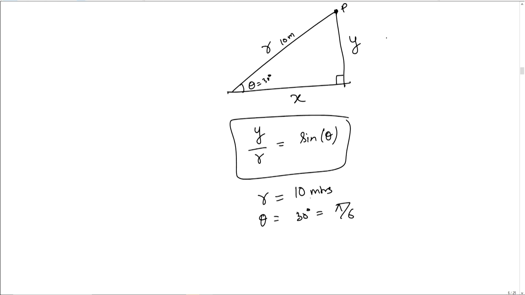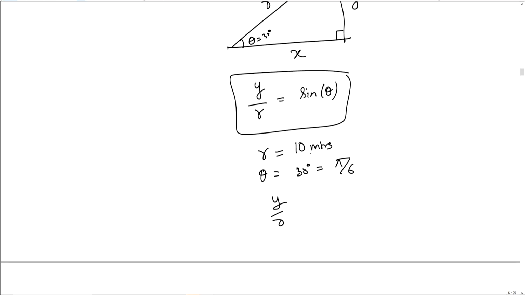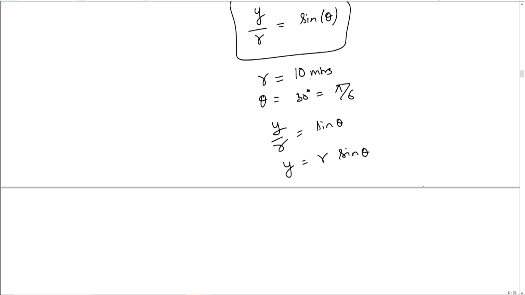Basically, what is y? You know y by r equals sine theta, so y would be equal to r sine theta. That means y would be 10 sine pi by 6, and if you calculate this in a calculator, sine pi by 6 is 1 by 2, so y is 10 times 1 by 2. So, the height of the point P would be 5 meters from the ground.